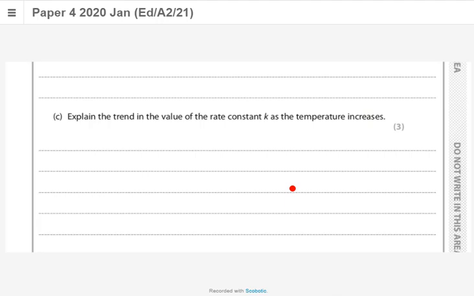This results in increased frequency of collisions, which gives rise to a high reaction rate.